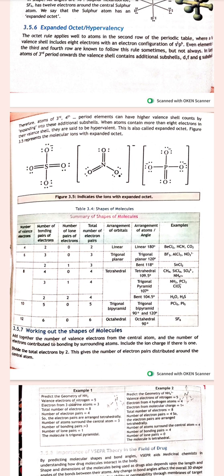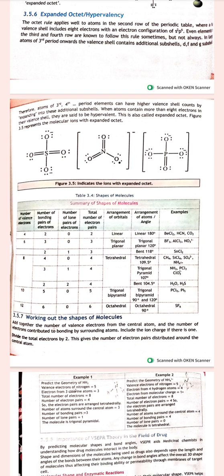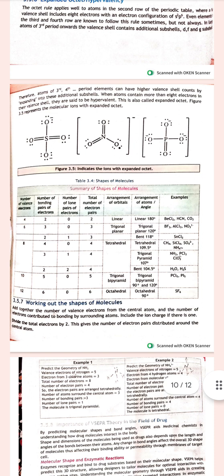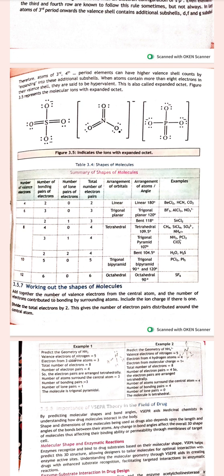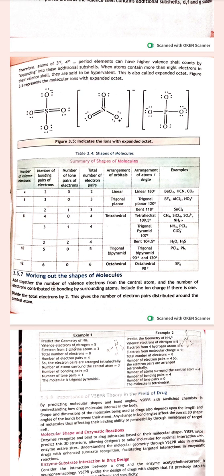Now we have the expanded octet, that is hypervalency. The octet rule applies well to the atoms in the second row of the periodic table, so the electronic configuration will be s2p6. Even elements in the third and fourth row are known to follow this rule. But in some cases, when there is addition of subshells like d, f and g subshells, atoms of the 3rd and 4th period can have higher valence shell counts by expanding into additional subshells.